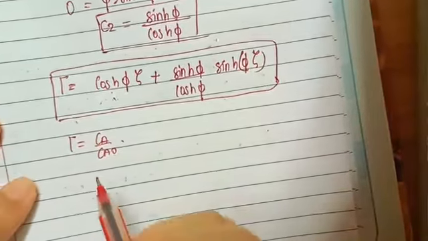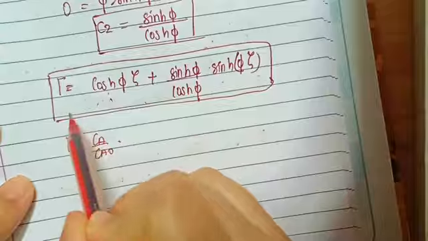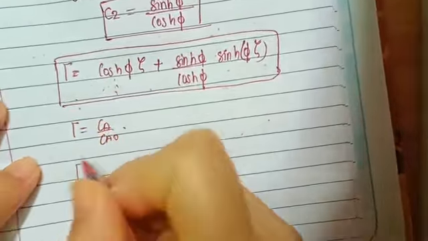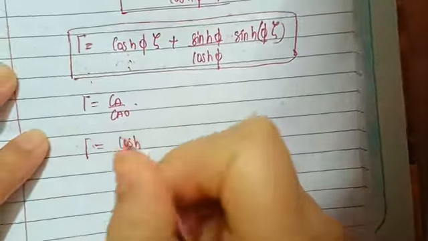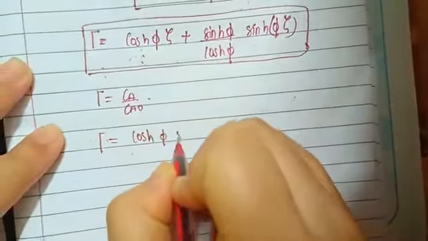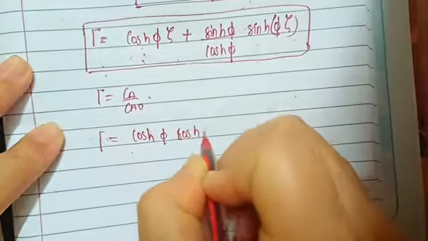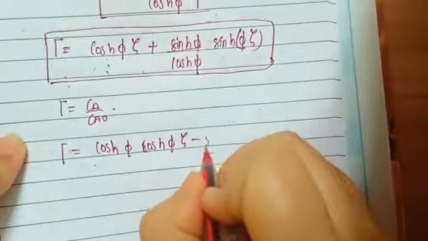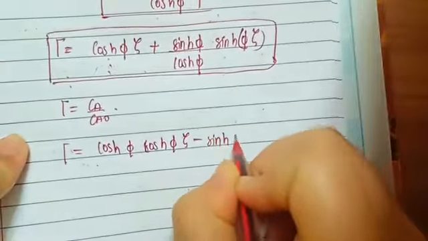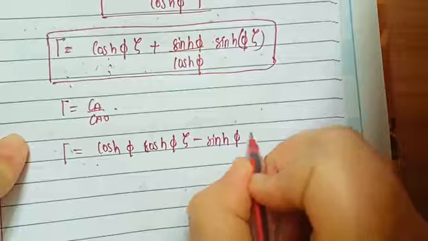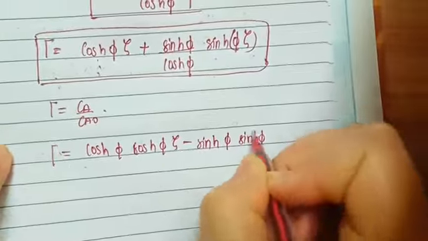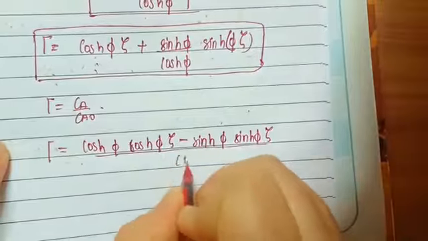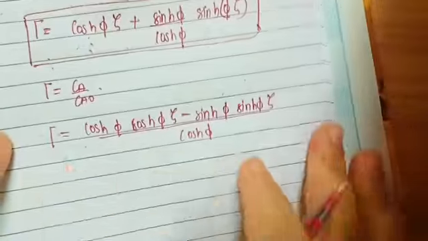So after further evaluation, this equation can be converted into gamma is equal to cosh phi zeta minus sinh phi zeta upon cosh phi.